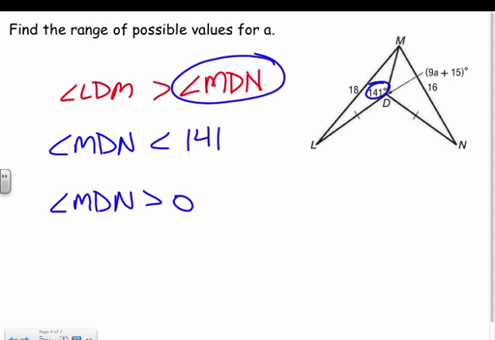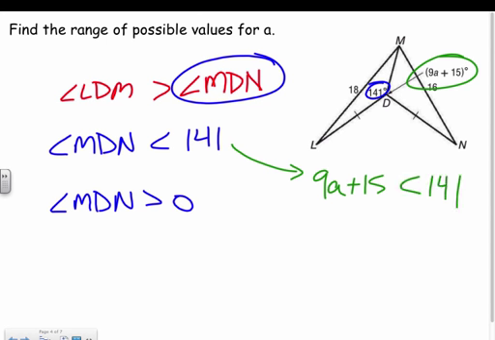Well, I know that angle MDN is this over here, 9a plus 15. So I can plug in 9a plus 15 into each of my inequalities. I'm going to plug it into this first one over here. So I'm going to say 9a plus 15 has to be less than 141 because I know it's smaller than another angle. Then I can do it to this other one as well: 9a plus 15 is greater than 0 because I know it has to be greater than 0.